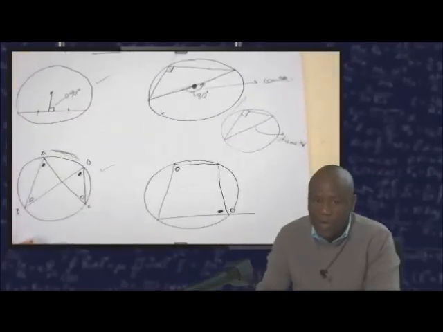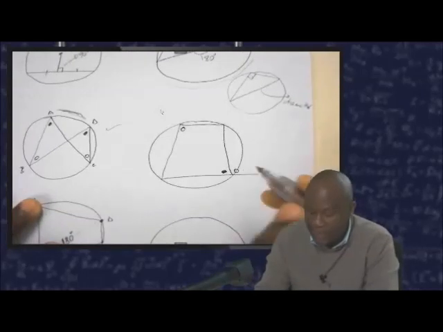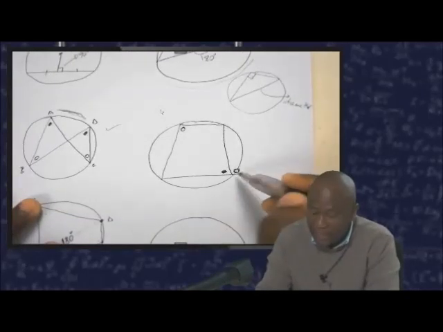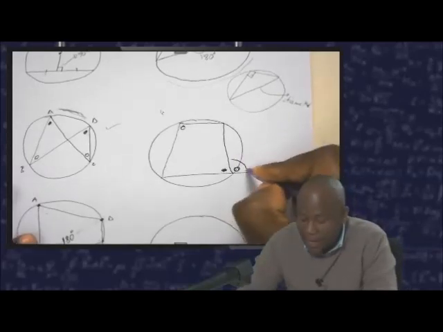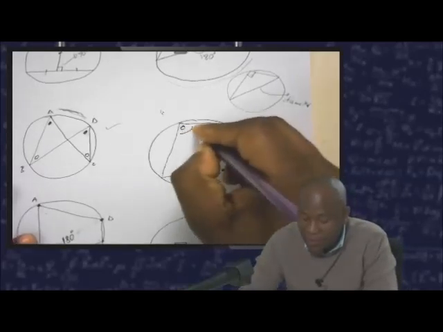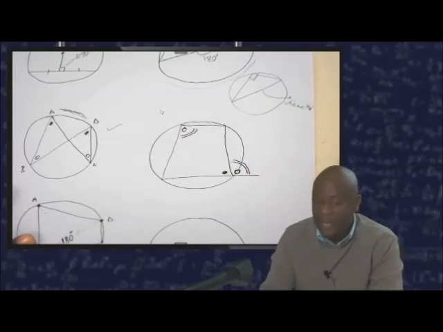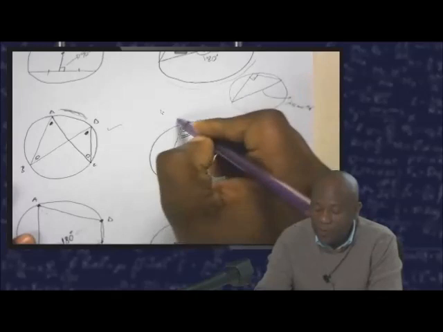But we also know about a cyclic quadrilateral, this diagram here. It's important: the exterior angle, the angle outside a cyclic quadrilateral, is equal to the interior opposite angle.